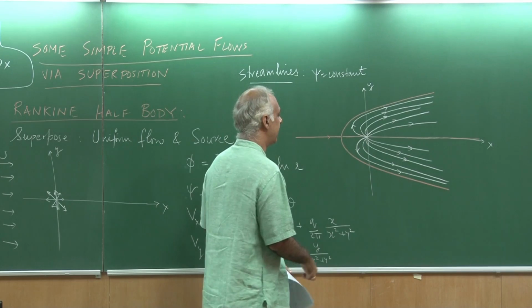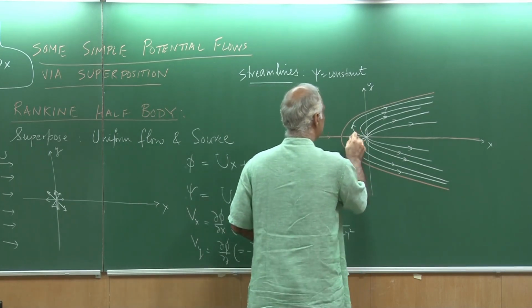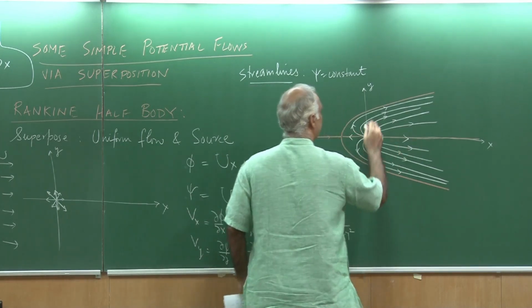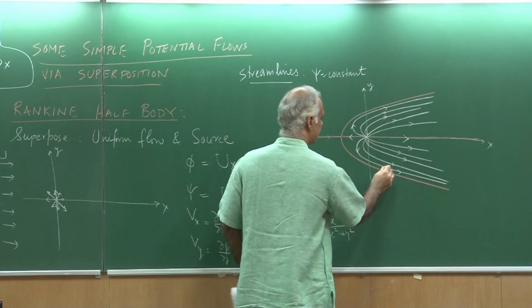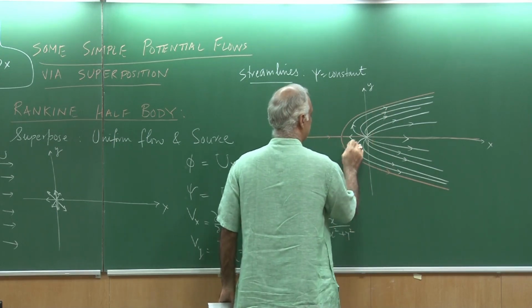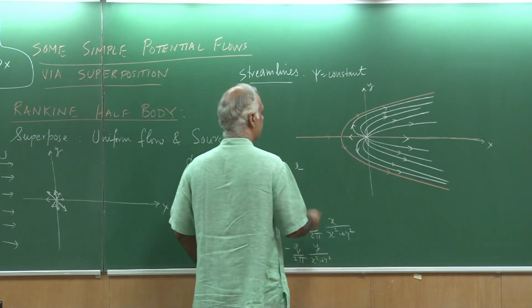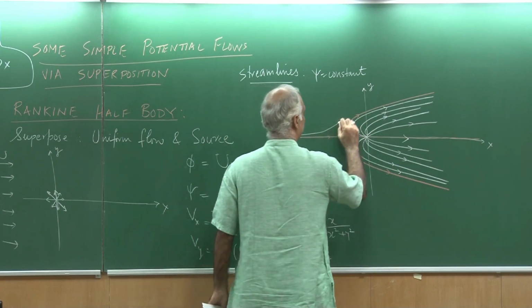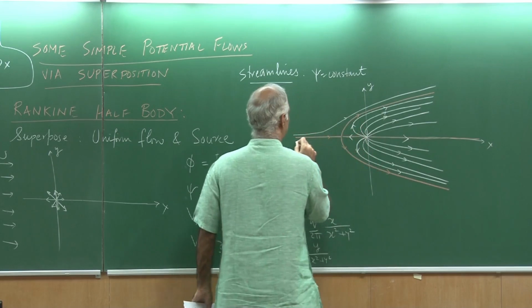These are the streamlines I would get over here. This would go like this, would go like this. Maybe I will draw this with a red line, and then outside this body I would get streamlines like this.